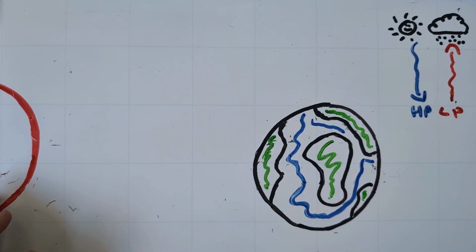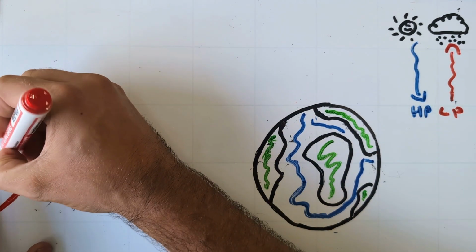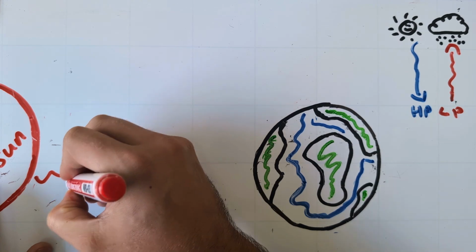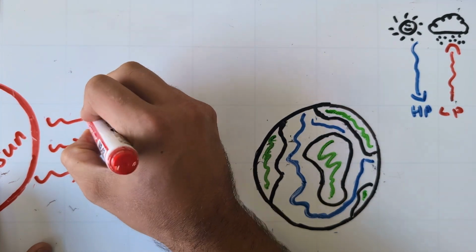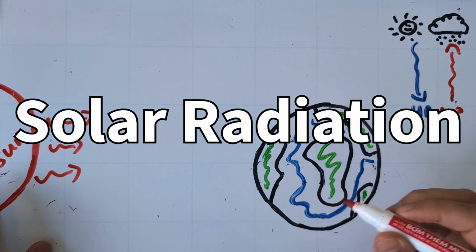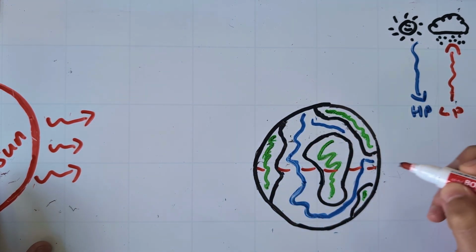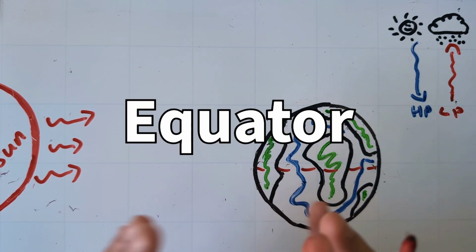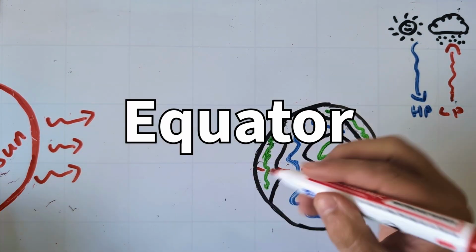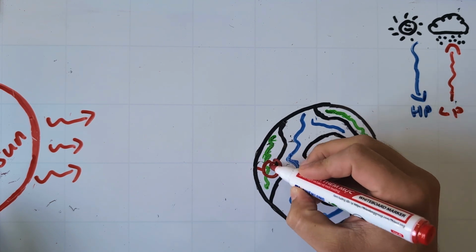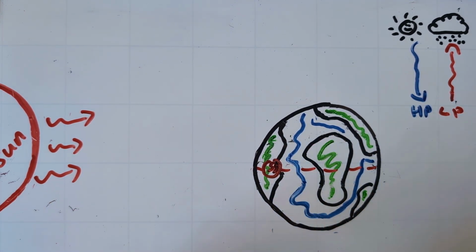So, let's talk about the atmospheric cells. We need to know that the sun emits solar radiation. Don't say sunlight, solar radiation, much better. Now, the equator. The equator is pointing directly at the sun, so it receives a high concentration of solar radiation.